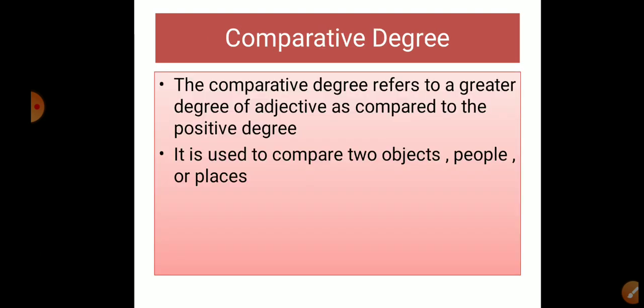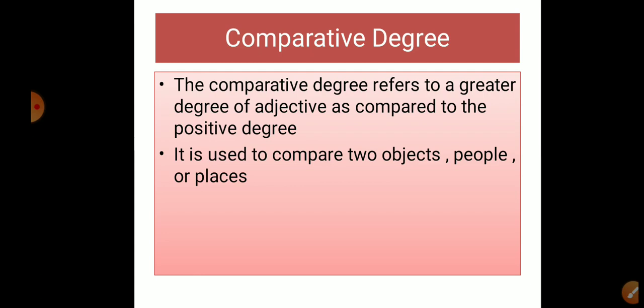Now let's start with the comparative degree. What does it mean by comparative degree? As we have seen, the positive degree is used to describe one item, one group or one person. And here the comparative is used to describe two items, two people or two groups.